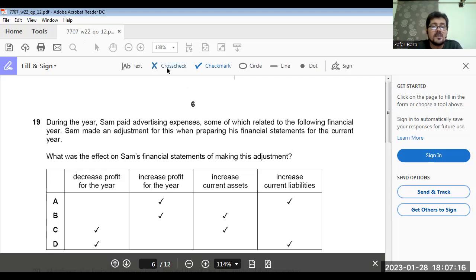So C and D option could not be the answer. Okay, A or B. Now current assets will increase. Yes. Prepaid expenses create current assets, not current liabilities. So B option should be the answer. Prepaid revenues increase liability. Getting my point there?